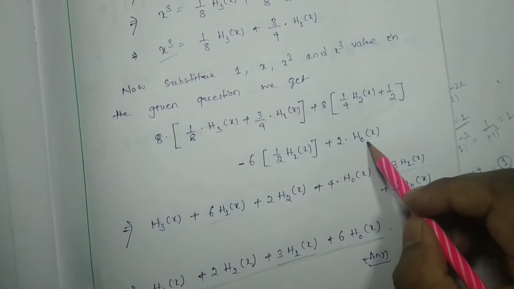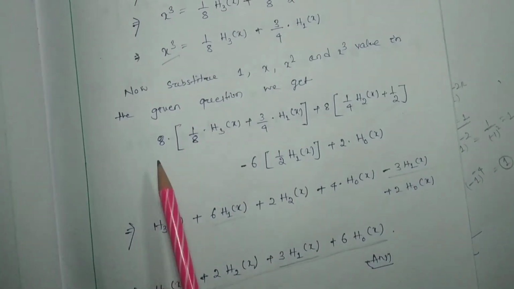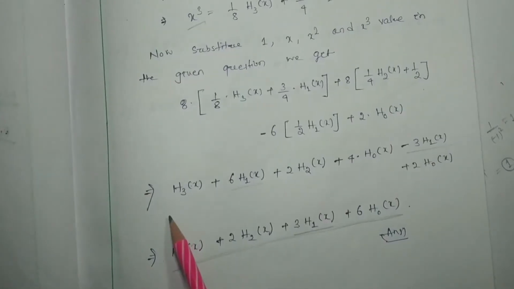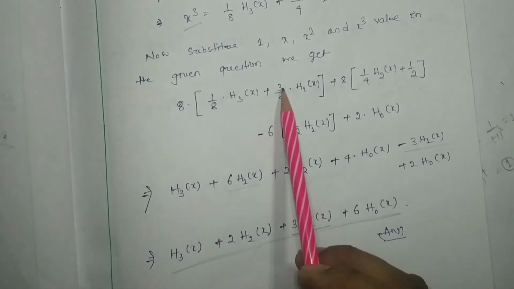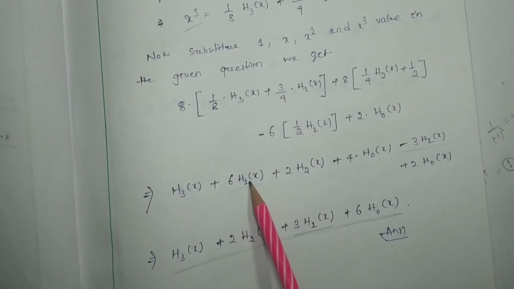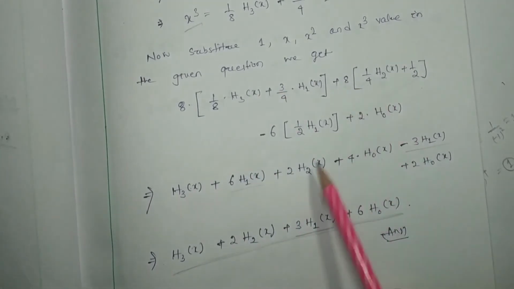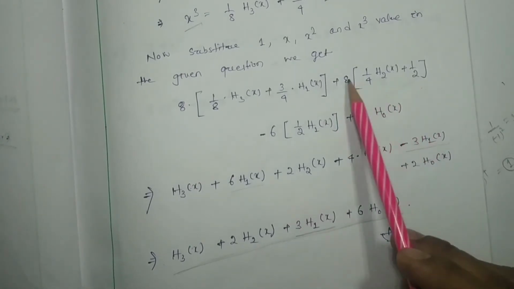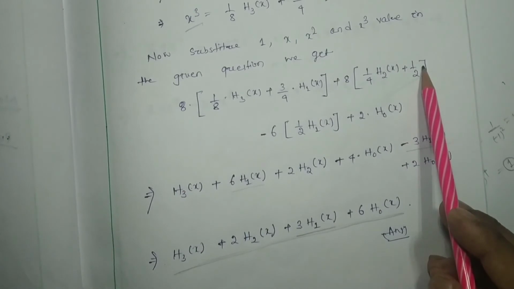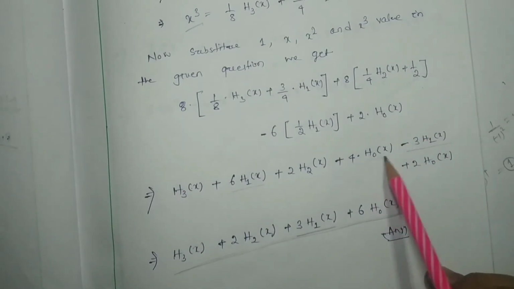So we have 2 into H0(x). Now we multiply 8 with this, we get H3(x). 8 into 3 by 4, that means 2 into 3, so 6H1. 8 into 1 by 4 is 2H2(x). 8 into 1 by 2 will be 4, and 4 into 1, instead of 1 we write H0(x).